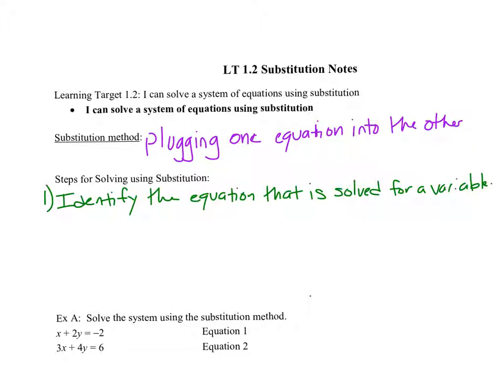But if there isn't one, you need to create it. And what I mean by create it is you're going to just rearrange the equation. That's part of step one.